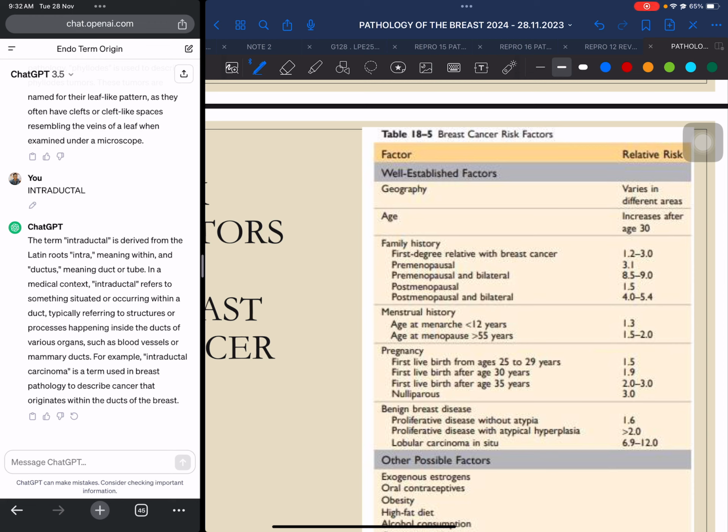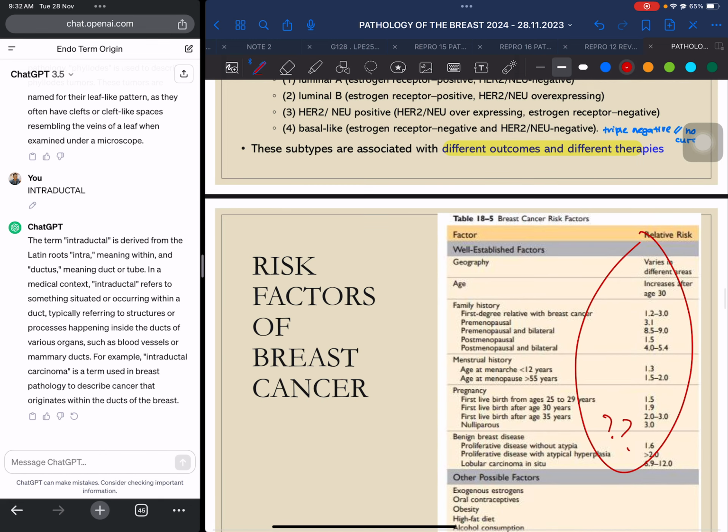Menstrual history, early menarche, late menopause, just indicating a prolonged exposure of estrogen to the patient. Pregnancy, first live birth from the age of 25 to 29, there is slightly increased risk, and so on. And presence of benign breast disease.